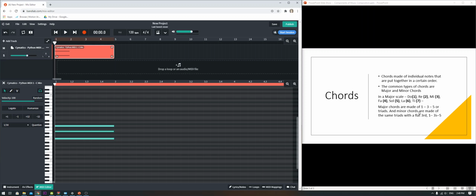To make a major seventh chord, you just add the seventh note at the end, after the fifth. So one, three, five, and let's find the seventh note. One, two, three, four, five, six, seven. That's the seventh note, which is a B. Now it's a major seventh.